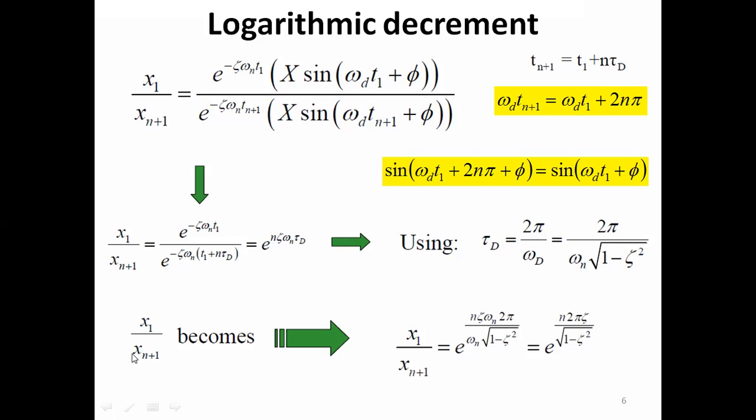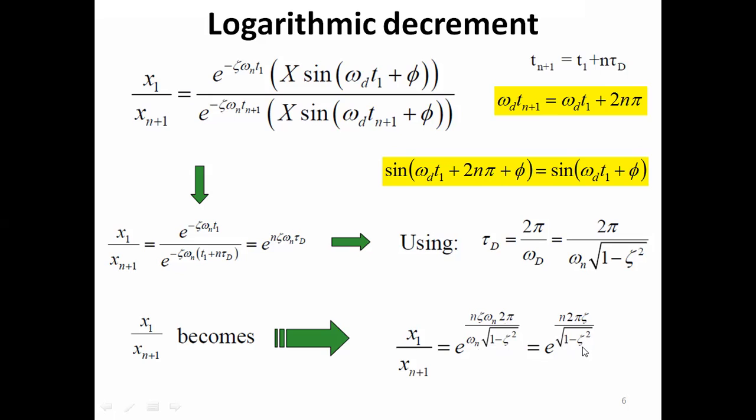So x1 by xn plus 1 is equal to exponential n zeta omega n times 2 pi by omega n under the root 1 minus zeta square. This omega n would cancel out with this omega n, and at the end we would have exponential n 2 pi zeta under the root 1 minus zeta square.